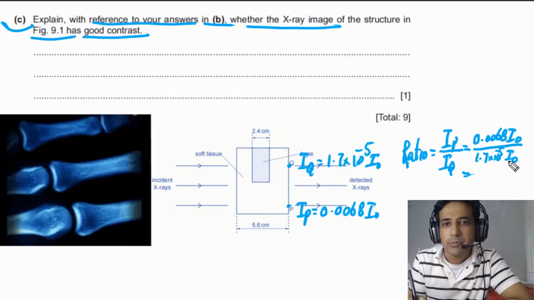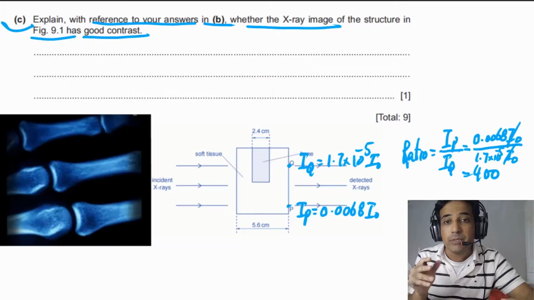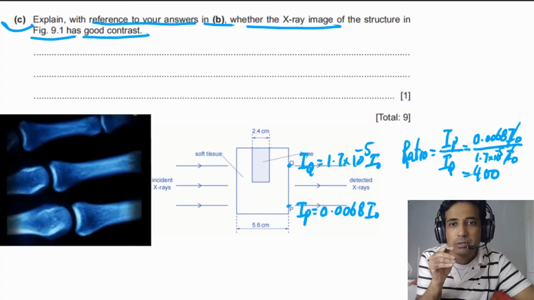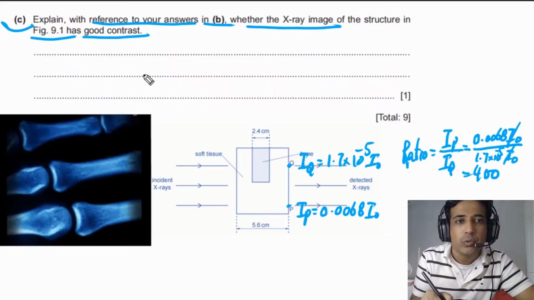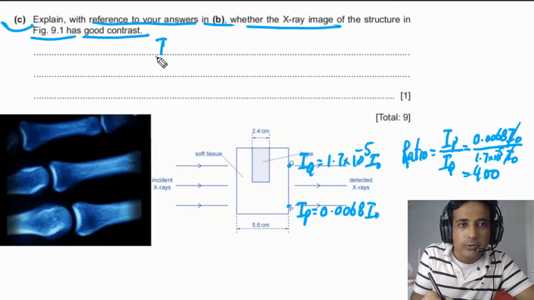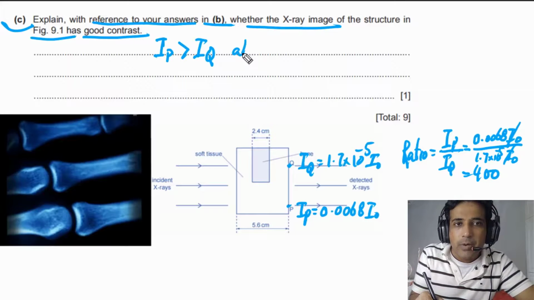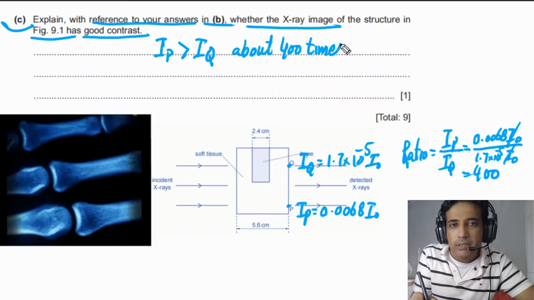If we simplify this, I naught cancels with I naught, and we get around 400. It simply means that IP is 400 times greater than IQ. So there is good contrast. In this case IP is greater than IQ by about 400 times, so simply you can say good contrast.